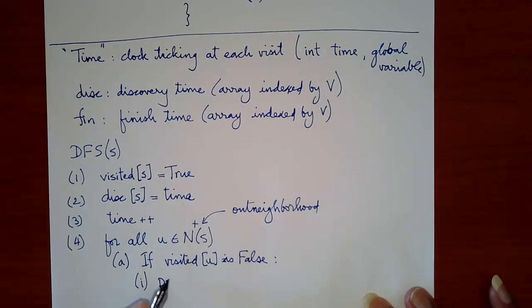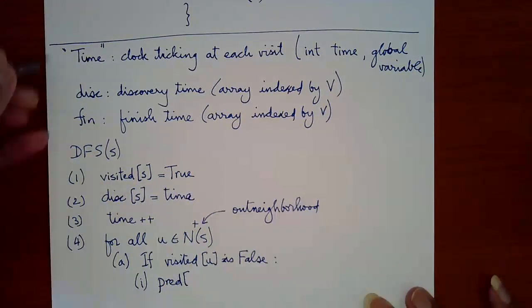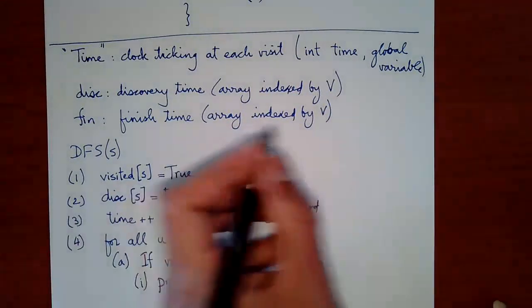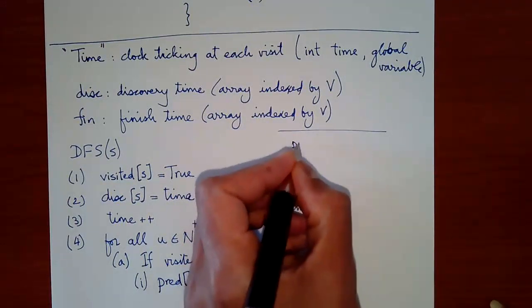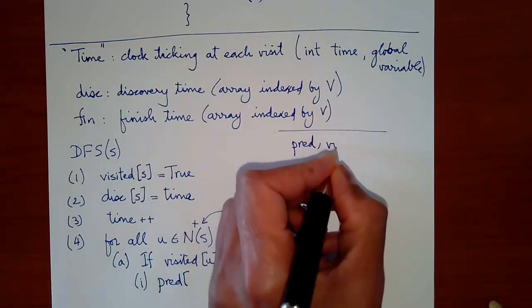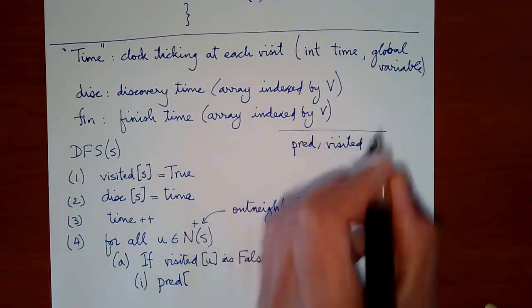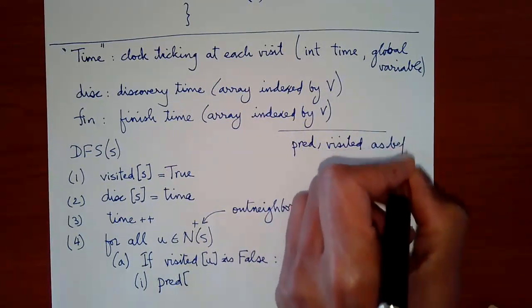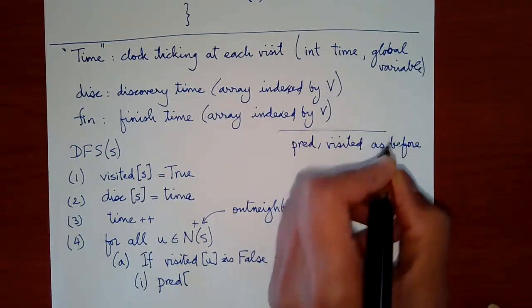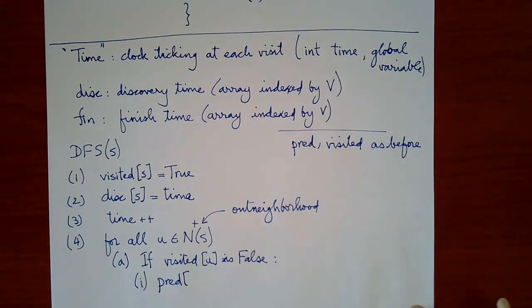We'll set the predecessor. So we still maintain a predecessor and a visited array as before, as in BFS. So we set the predecessor of u to be S, and then we do a recursive call for DFS of u.